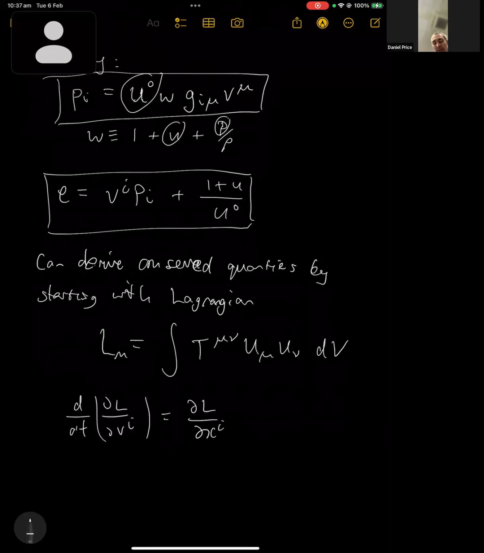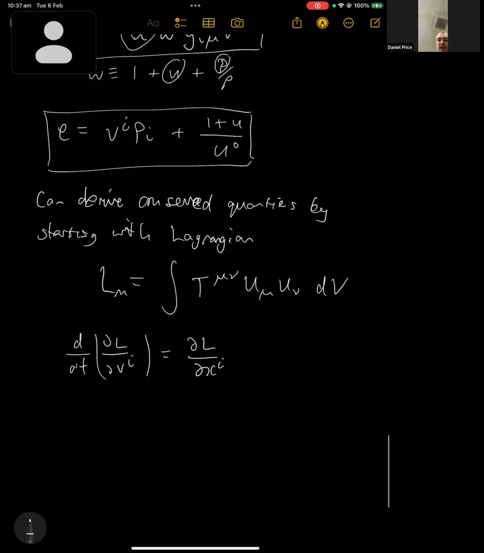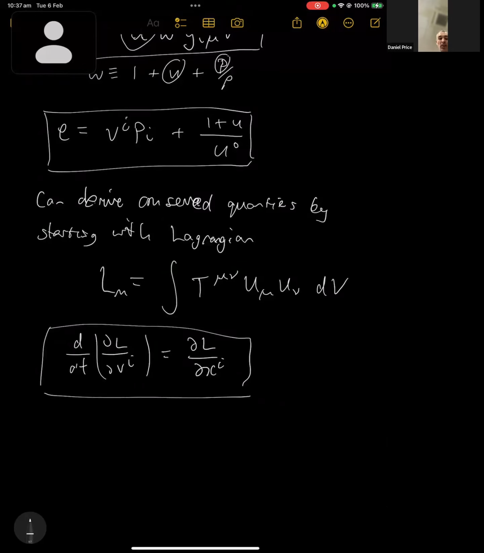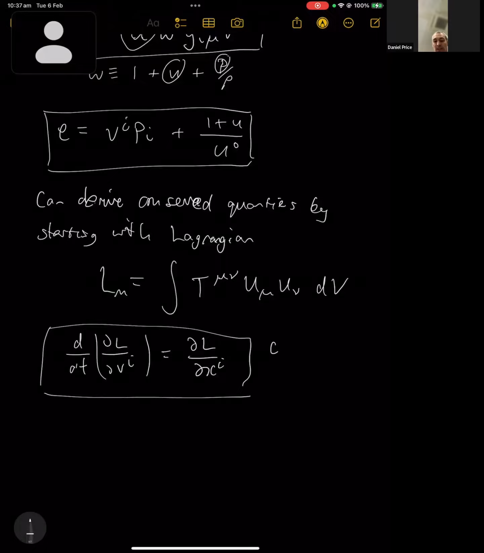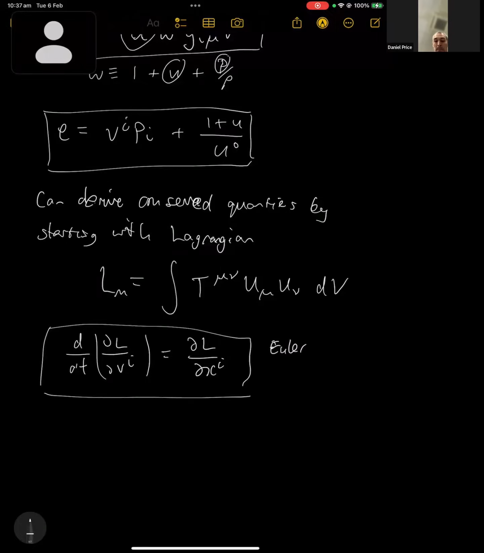In principle the mathematics is a little complicated, but you can derive your equations of motion from the Euler-Lagrange equations, just the same way you can do it, for example, when deriving the geodesic equations.